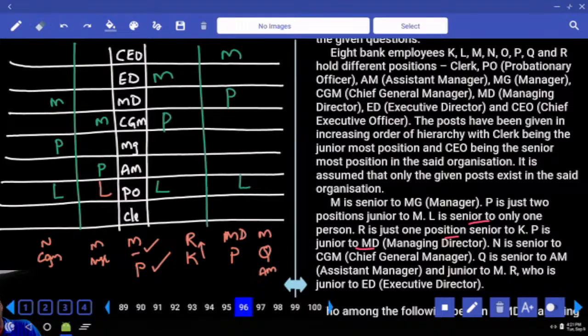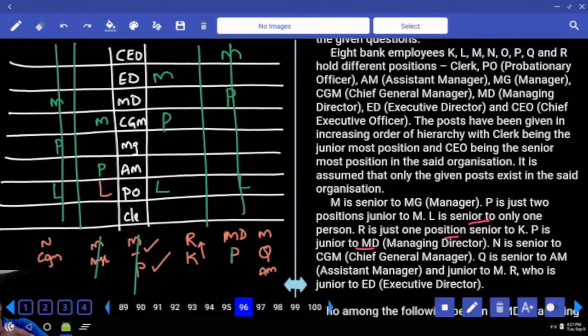M and P we had done. M is senior to manager. Then R is immediately above. And P. Now P is junior to MD, and this case is ruled out. And this case is ruled out. Now P is junior to MD, there are only 2 possibilities.